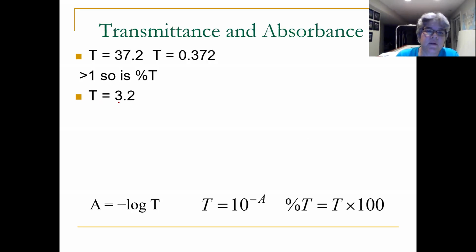How about for this one? What would T be? This, remember, is percent T. So what's T? It's 3.2 divided by 100, or 0.032. Now calculate the absorbance. We're going to just use this formula down here. We're going to put these numbers in my calculator and take minus the log.